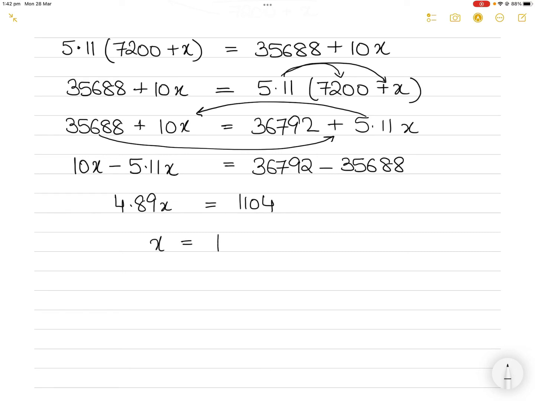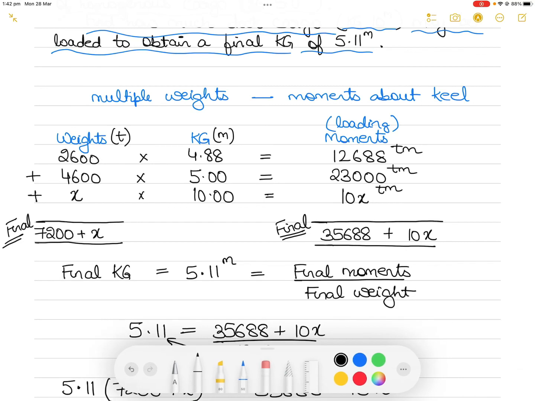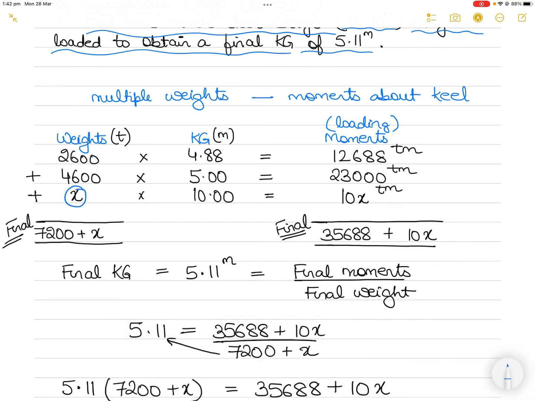So x is equal to 1,104, not 11,004, divided by 4.89, which is equal to 225.77 tons. That means if you load a weight of 225.77 tons at a KG of 10 meters, your final KG found by moments will be equal to 5.11 meters.